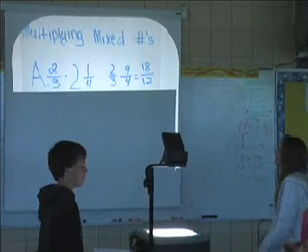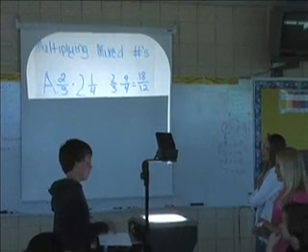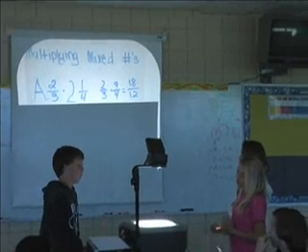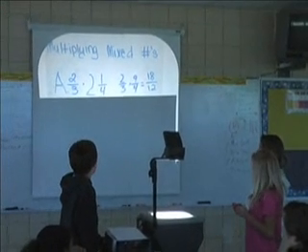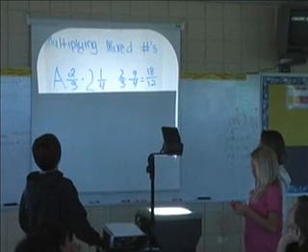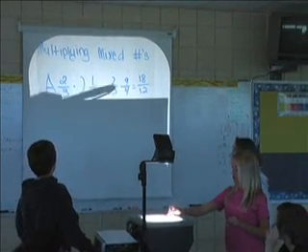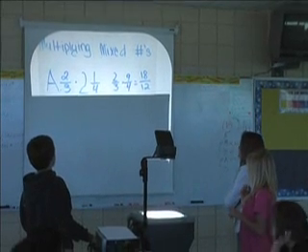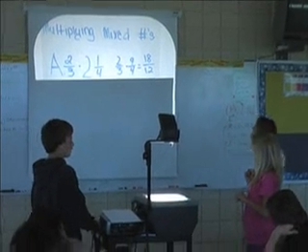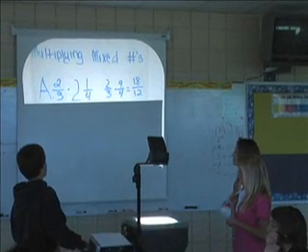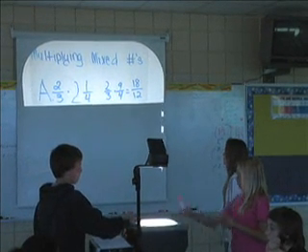Alright, now we're multiplying mixed numbers. In example A, we're doing 2/3 times 2 1/4. You would do that by making the mixed number into an improper fraction by doing 2 times 4 plus 1. And then you would get 18/12.